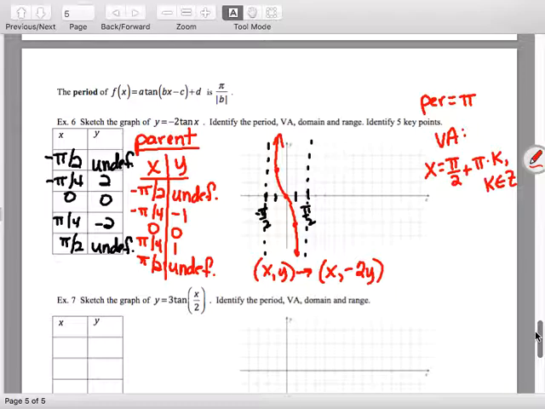So the k is just like a letter. It's a variable. So in that problem, there would be no number we would put there. We would just put a k. Right. All right, and so the domain is everything but the vertical asymptotes. And then my range is negative infinity to infinity.